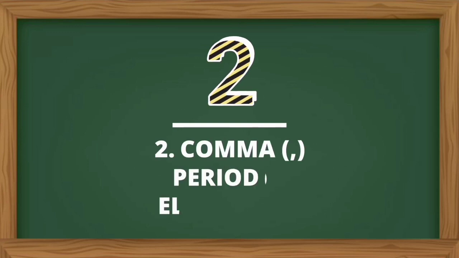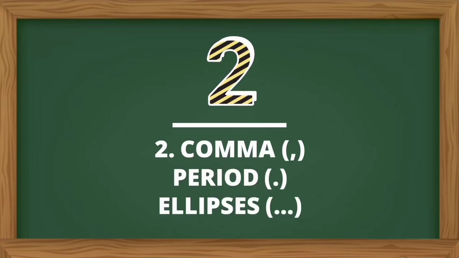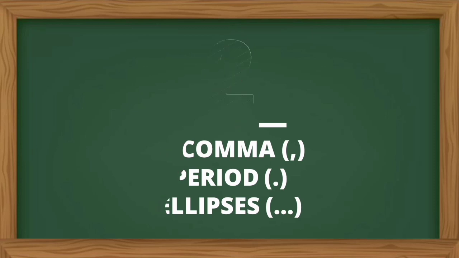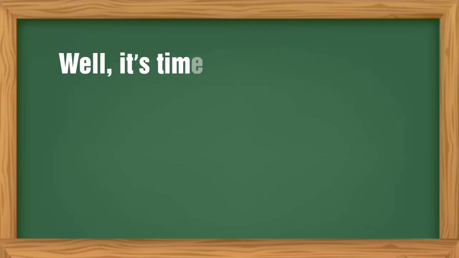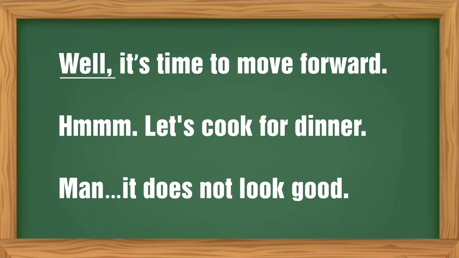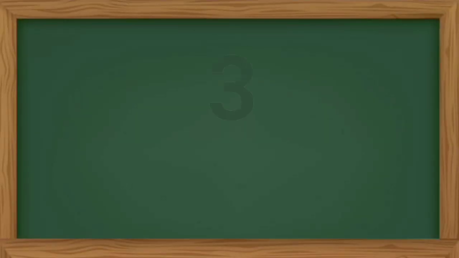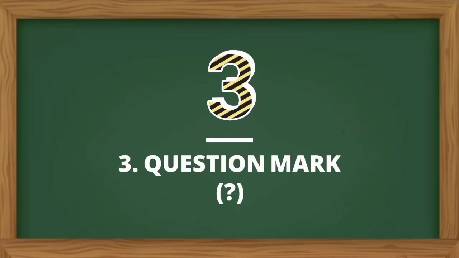In expressing a mild or weak emotion, interjections can be followed by a comma, period, or ellipses. In these examples, a comma, period, and ellipses were used after each interjection to express a mild or weak emotion. And the third one, for expressing disbelief, uncertainty, or a question, the interjection is followed by a question mark.